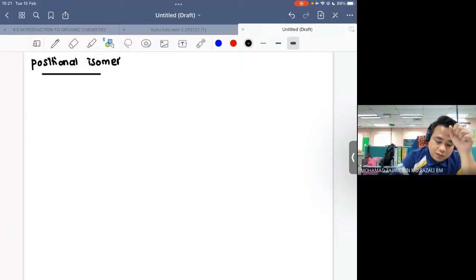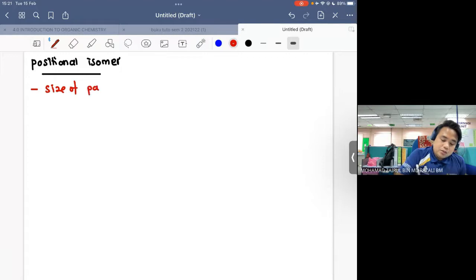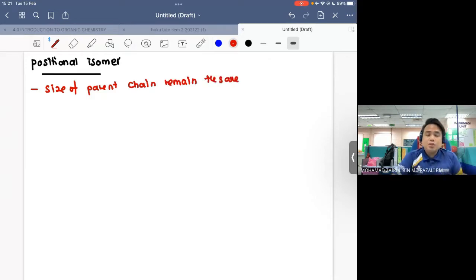Tapi dalam positional isomer ni pula dia lain. Okay, dalam positional isomer, the size of the parent chain itu must remain the same. Kita takkan ubah size of parent chain tu. Okay, tapi kita kena ubah something.